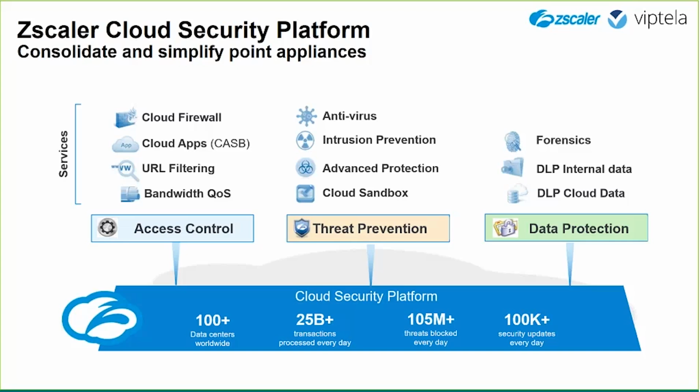We've added cloud sandboxing, so every file that has never been seen before will get sent into the sandbox and protect the entire cloud if it turns out to be malicious. We've added data leakage protection, QoS, cloud application security brokerage functionality. So we've continued to build on this single platform in a way that a traditional appliance vendor would typically do by adding different appliances with different user interfaces and reporting and different training that's needed. Here, it's all a single integrated platform.